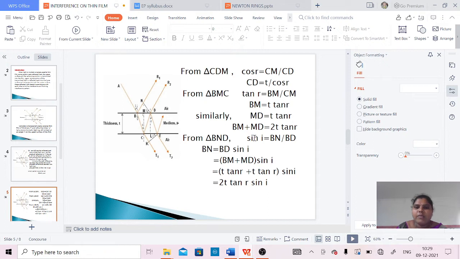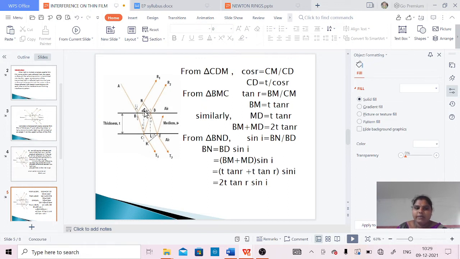Now from B to D we are considering BM plus MD, so BM plus MD equals 2t tan r. Now from triangle BND, that is the path difference in the air medium.